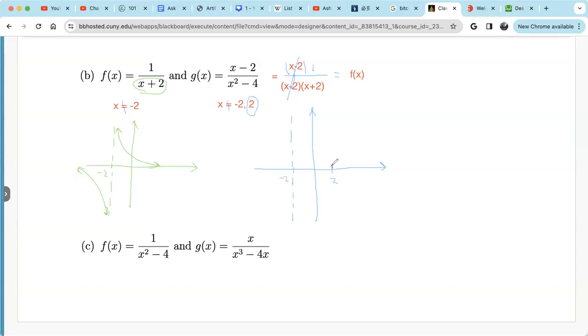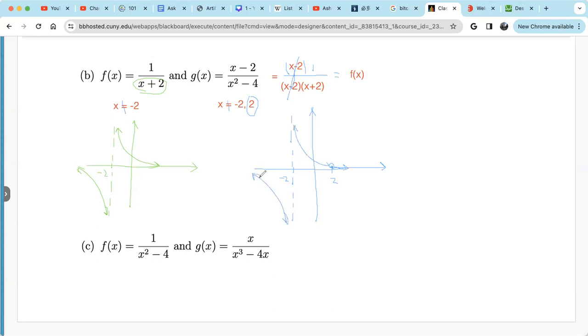The point is somewhere here. At the quarter, we get an open circle because 2 is not in the domain. So the rest of the graph is the same, except this open circle. This keeps going in the third quadrant.